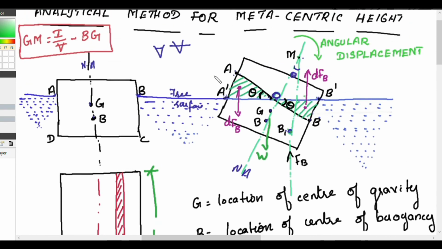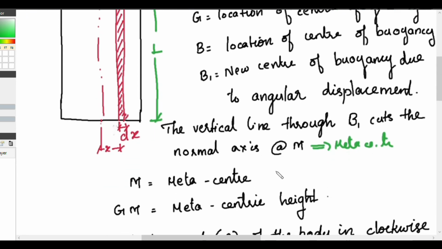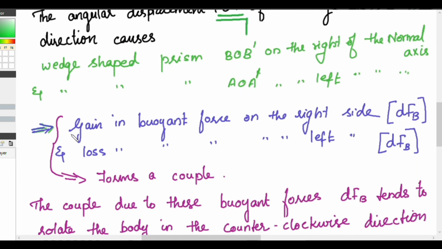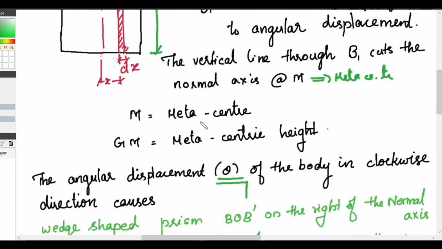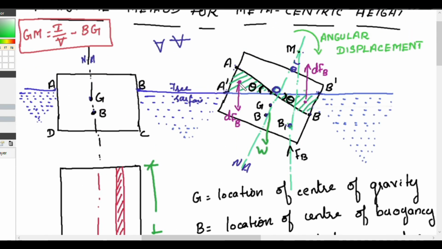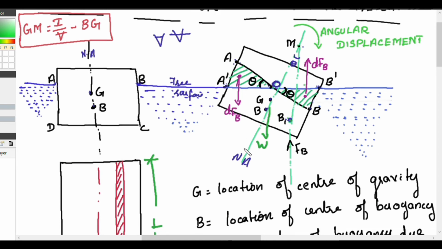Now, this results in a gain in the buoyant force on the right side, dFB gain, and a loss in the buoyant force on the left side, this is the dFB in the downward direction. These upward and downward buoyant forces are equal and opposite, so both together form a couple.